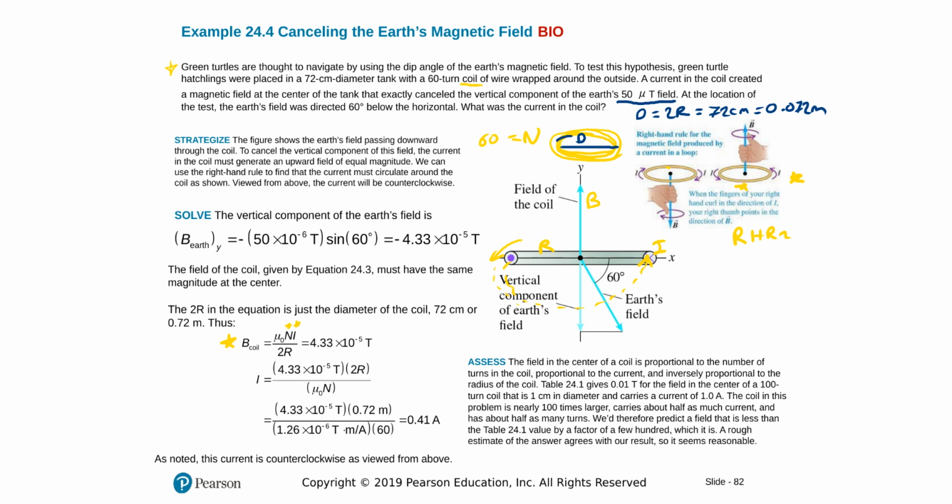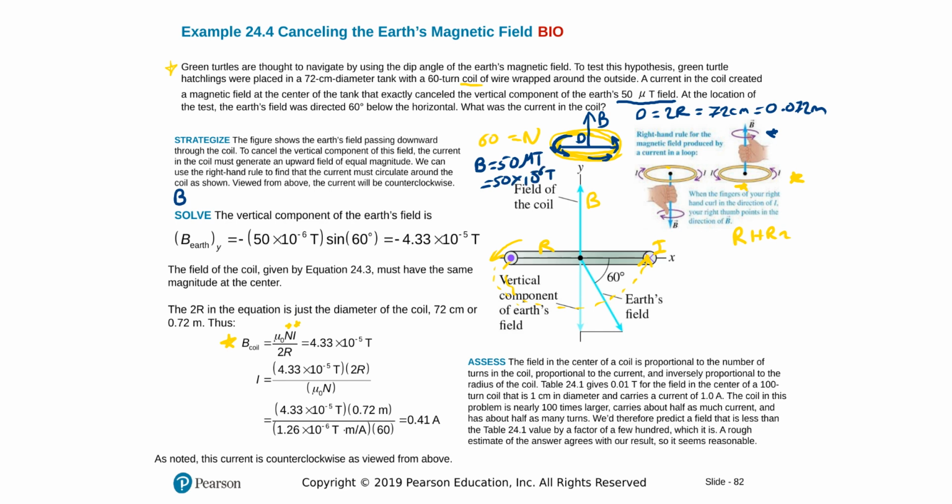Assuming again the current flows this way, comes out in here, goes in here, the magnetic field will be up, in this case over here, and that's equal to 50 microtesla. That's what that tells me. B of this guy, let me put it here actually, 50 microtesla. Micro is 10 to the minus 6, so 50 times 10 to the minus 6 Tesla.